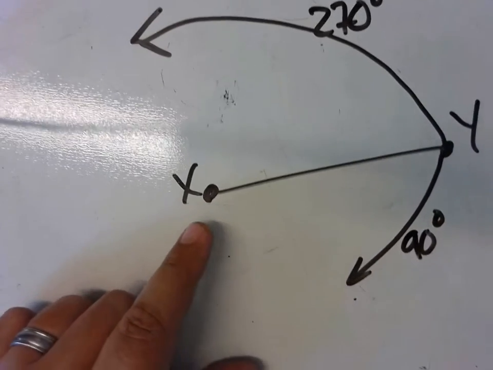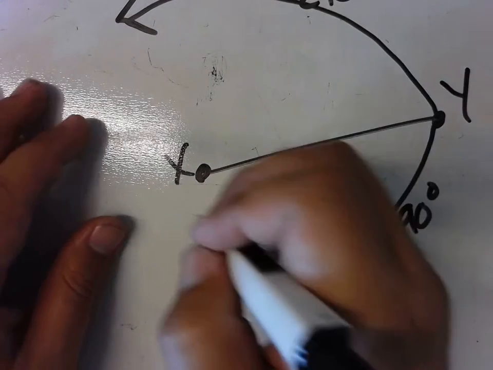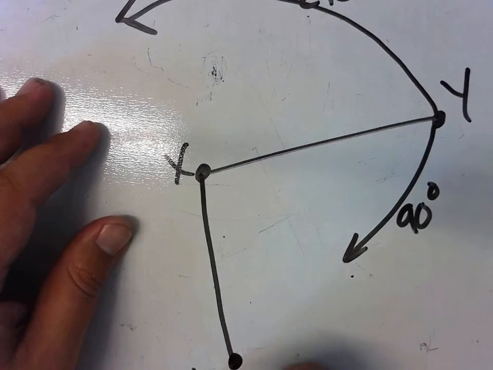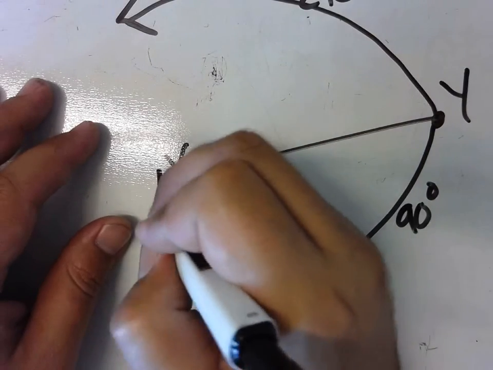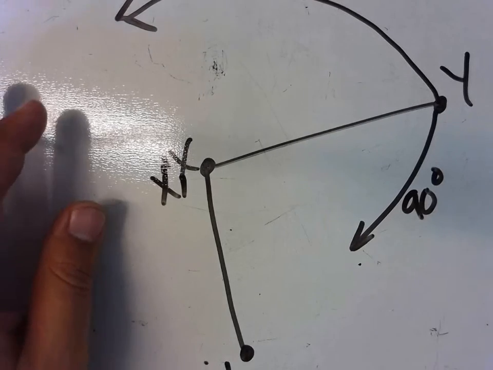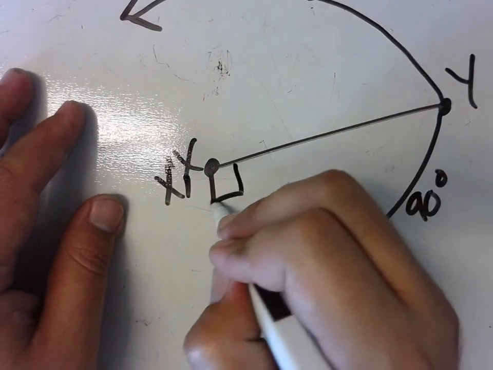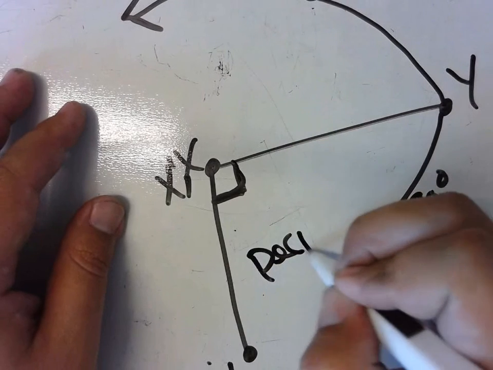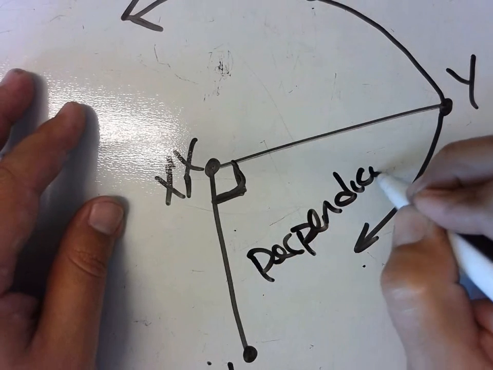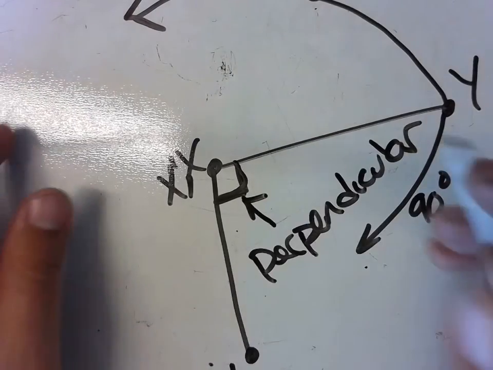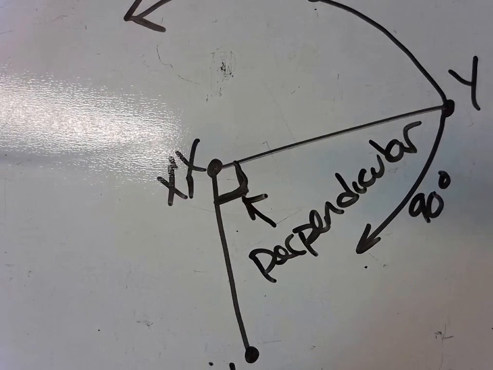So I'm going 90 degrees clockwise. And if you go 90 degrees clockwise, that means here is y prime and this is x prime. If you go 90 degrees, that means this is 90 degrees. What can you tell me about these two lines? They are perpendicular. How do you know? Because that's the definition of two lines that create a 90-degree angle.